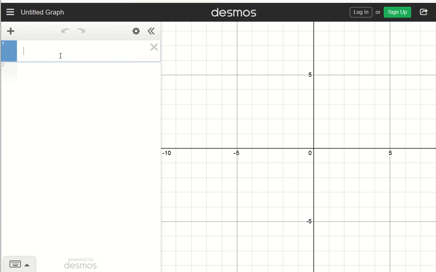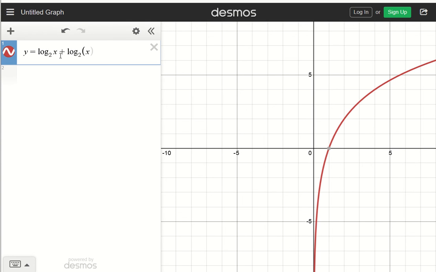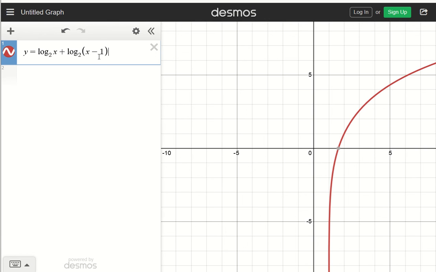The first one is y equals log base 2 of x, plus log base 2 of x minus 1. That's my first equation.